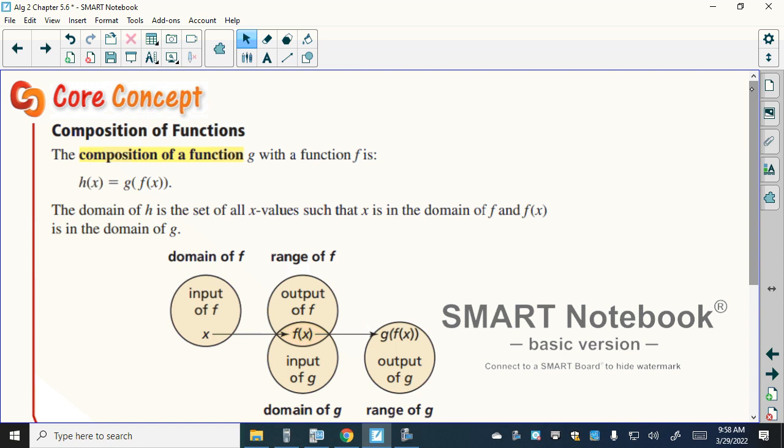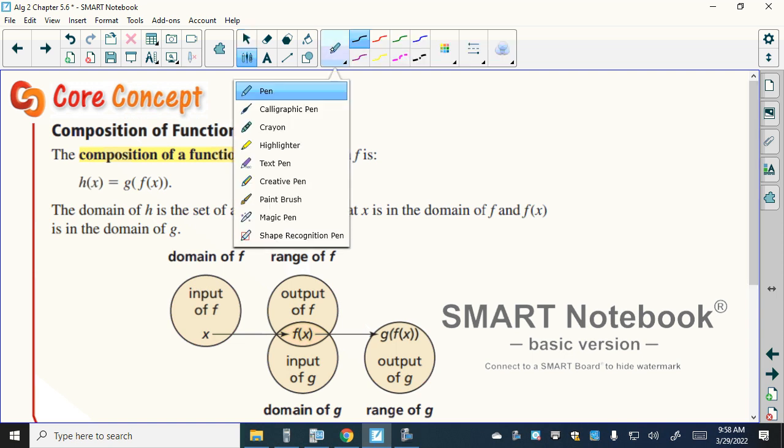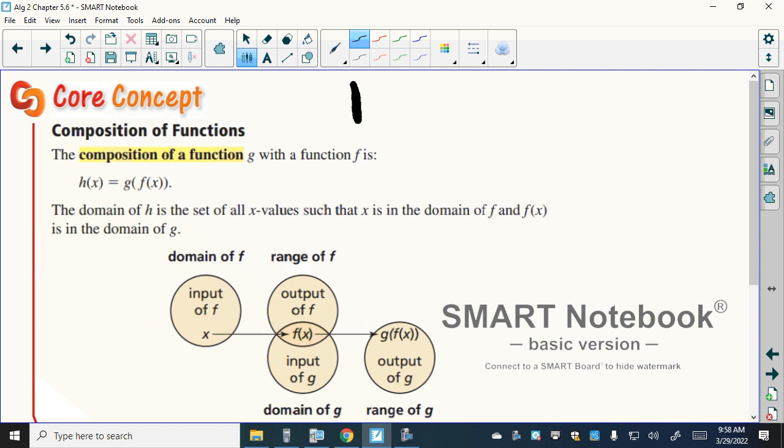Because one way of writing a composite function, it's not listed here, is we say, if I'm using a little one, f circled g. This is one way to write a composite function.